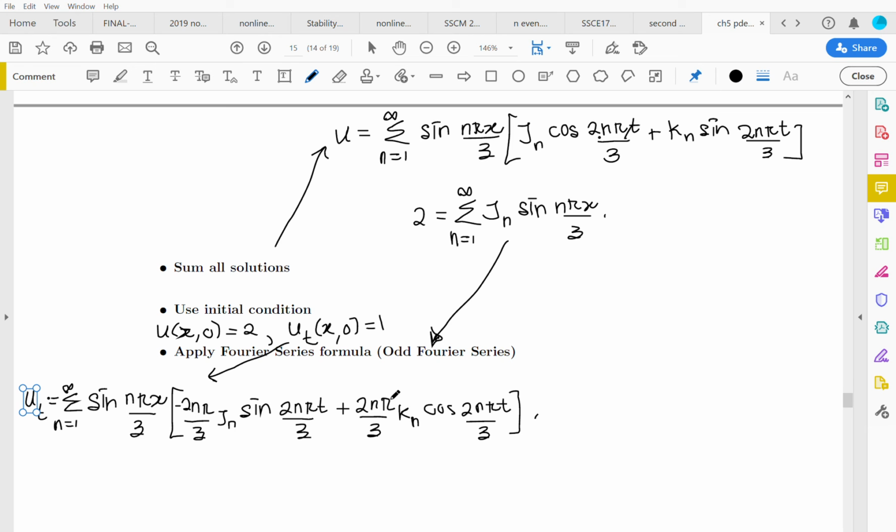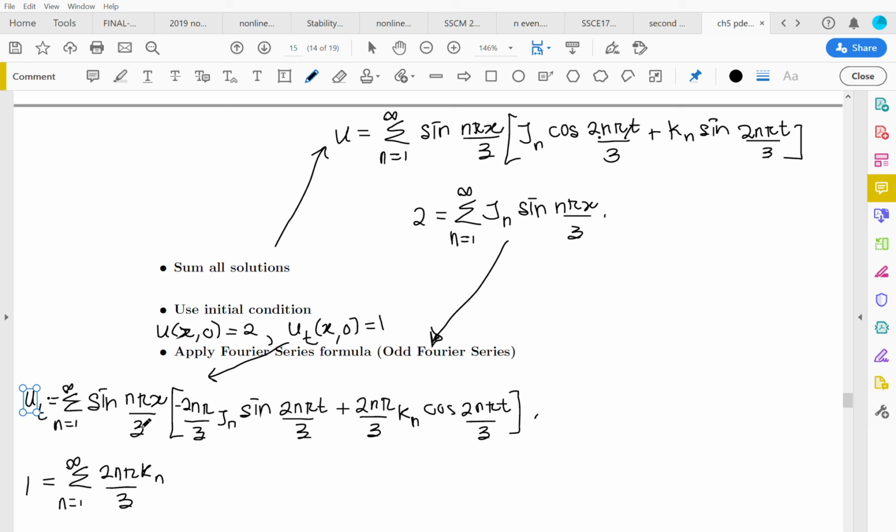Okay, so now for this ut, we can replace t with 0, ut equal to 1. So ut on the left is 1, on the right t is 0, so sine 0 is 0, so this part is eliminated. Here cos 0 equal to 1, so we have this part: summation n equal 1 to infinity, from the square bracket, 2n pi Kn over 3.